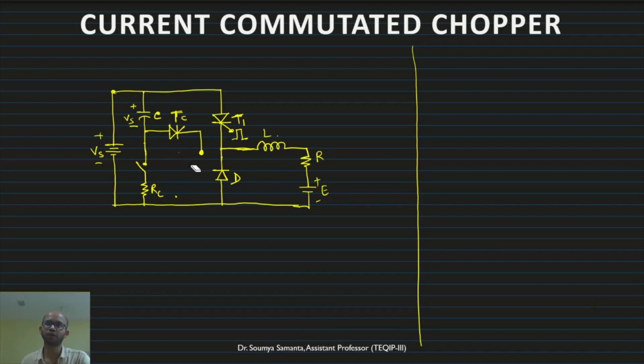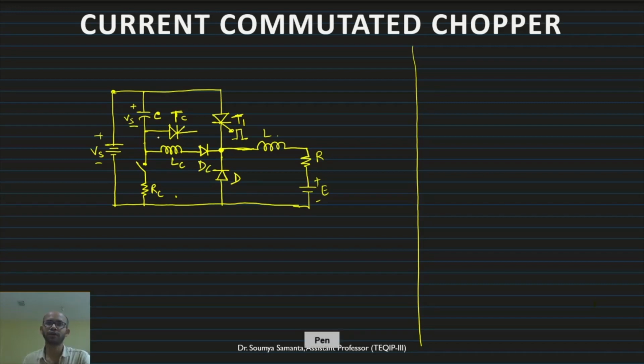Let me erase it first, then I will show you. This will be the inductor, and this will be the diode position. This is LC and DC.